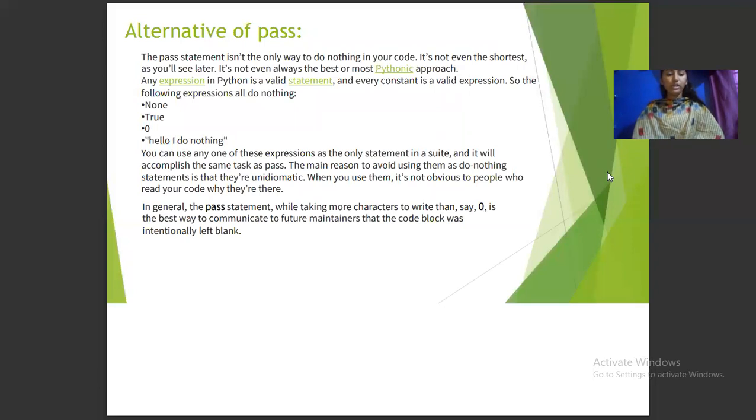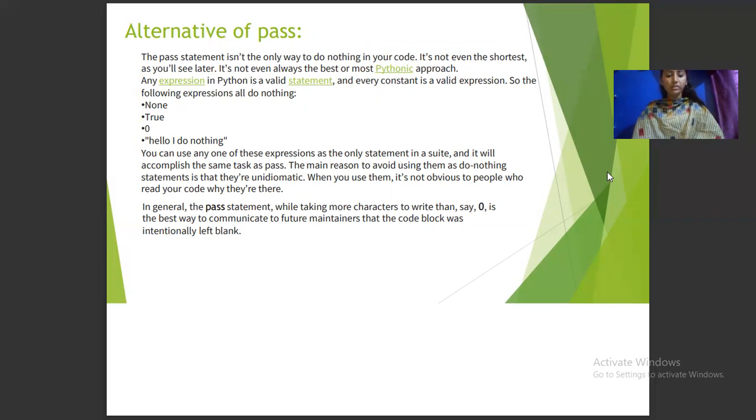So the following expressions all do nothing: None, True, 0, "Hello, I do nothing". You can use any one of these expressions as the only statement in a suite and it will accomplish the same task as pass.